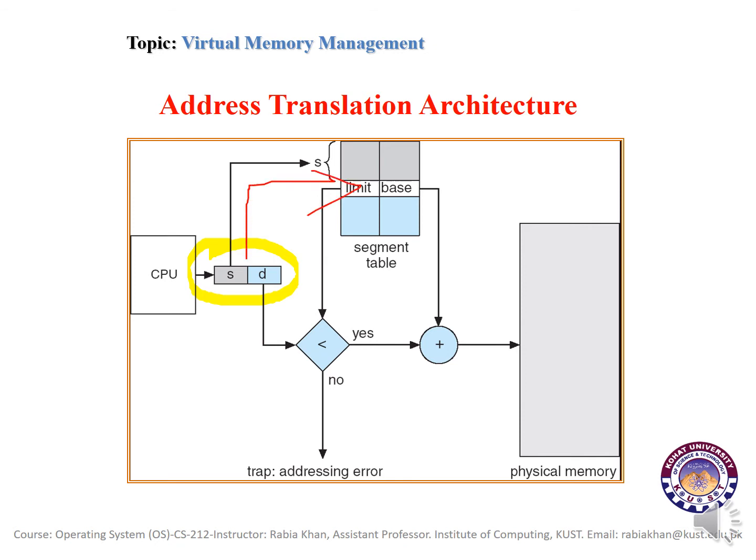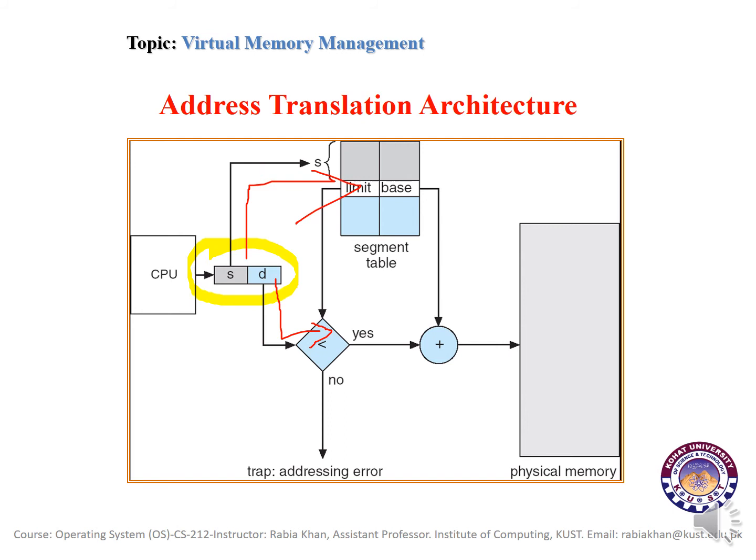So here the segment table is searched to find the starting physical address of this particular segment and its respective size. Once the size is obtained, this offset gets compared with this size to see if this instruction is residing in this particular segment.